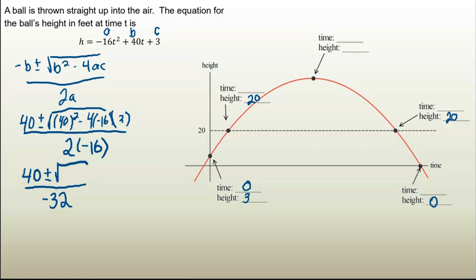I am currently using the TI 36X Pro. What I did is I plugged the stuff under the root, which is called the discriminant, into the calculator to get this answer, 1792. With this calculator, I was able to plug that in exactly as I see it.